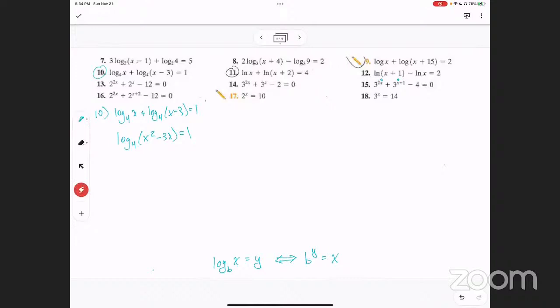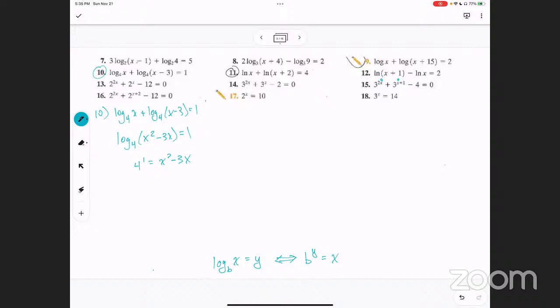So 4 to the power of 1 equals x squared minus 3x. You got it. So 4 equals x squared minus 3x.